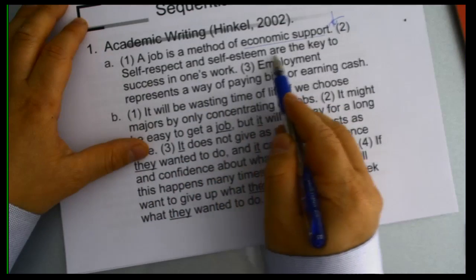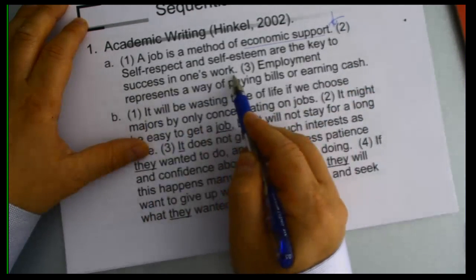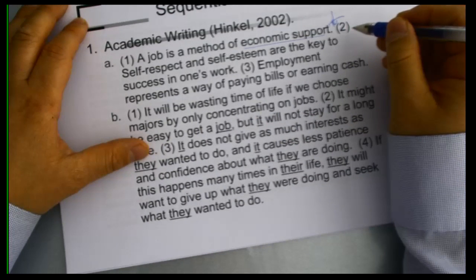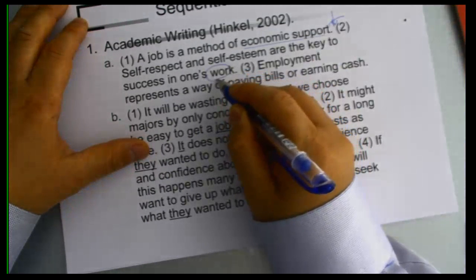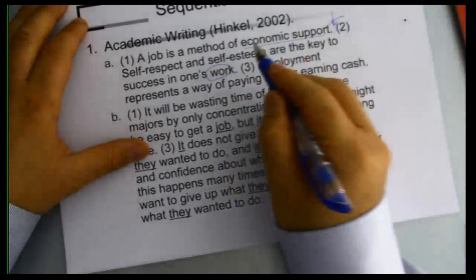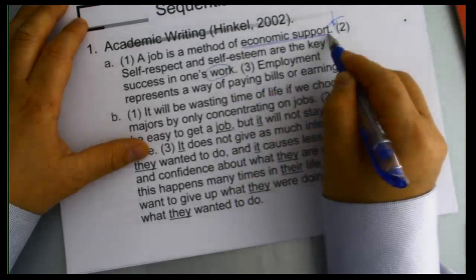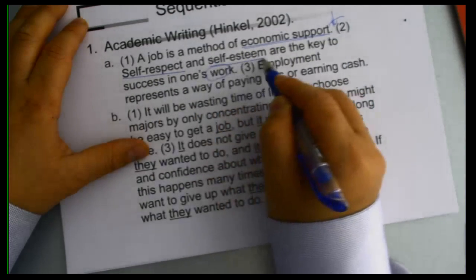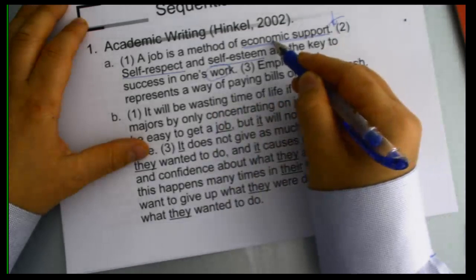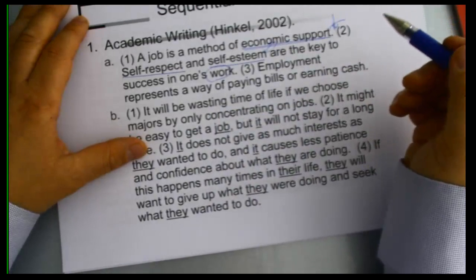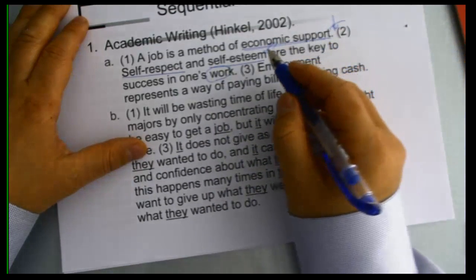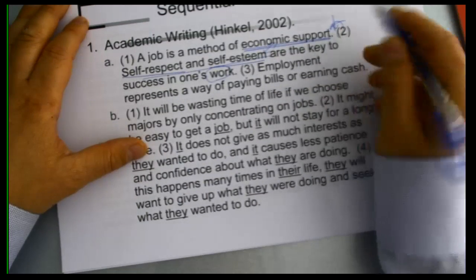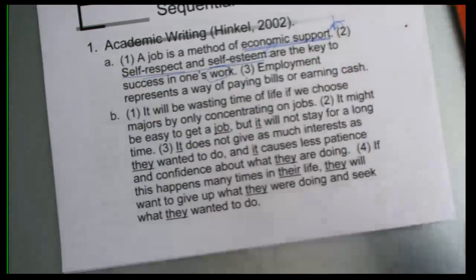Self-respect and self-esteem. Okay, he is still talking about work, but from economic support, his focus is shifted into self-respect and self-esteem. It's a little bit different from economic support. So he decided to shift. So when you look at sentences 1 and 2, you can see the choice.